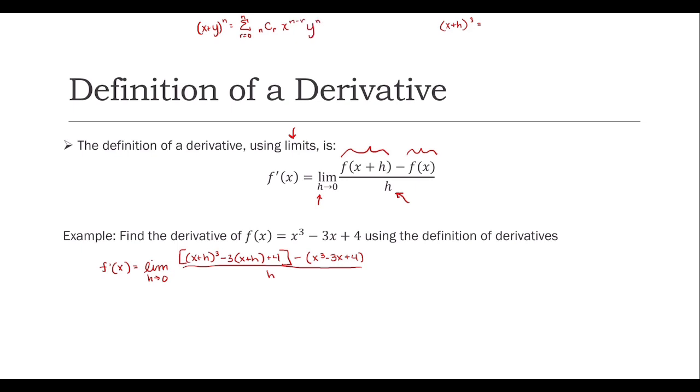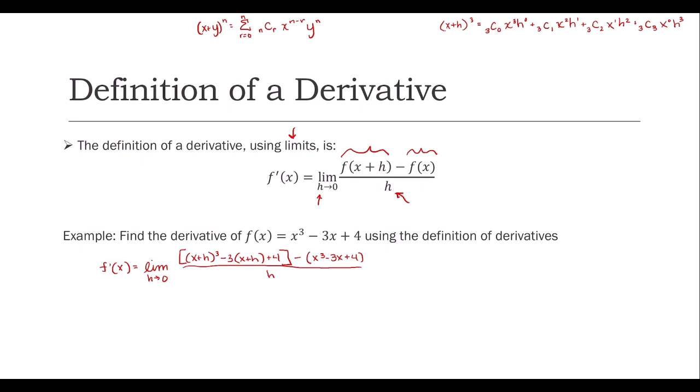So our x plus h cubed is 3 choose 0 of x cubed times h to the 0 plus 3 choose 1 x squared h to the first plus 3 choose 2 x to the first h squared plus 3 choose 3 x to the 0 h to the 3.